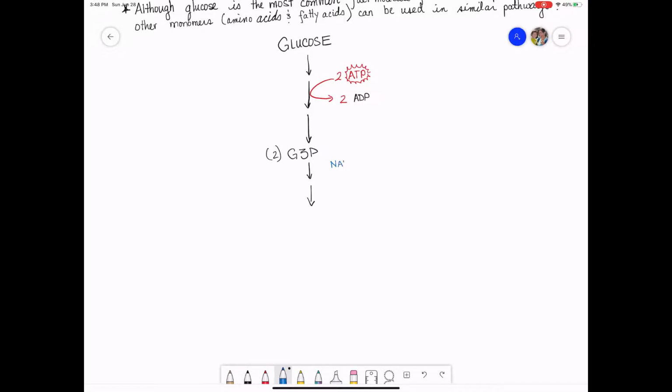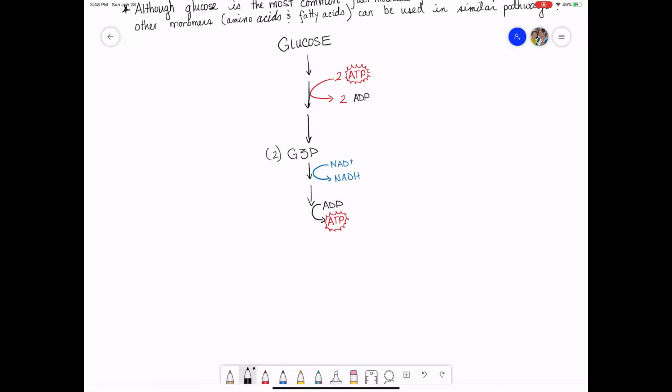So the first thing that happens is NAD+, which is our electron shuttle, our taxi cab, or our coenzyme, is going to pick up some electrons and a hydrogen off that molecule and become NADH. So we're going to reduce our NAD+ to NADH. Then we finally get some ATP.